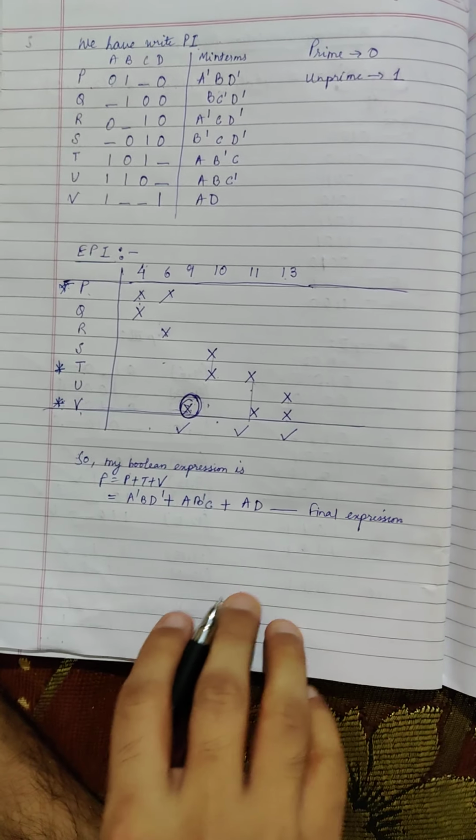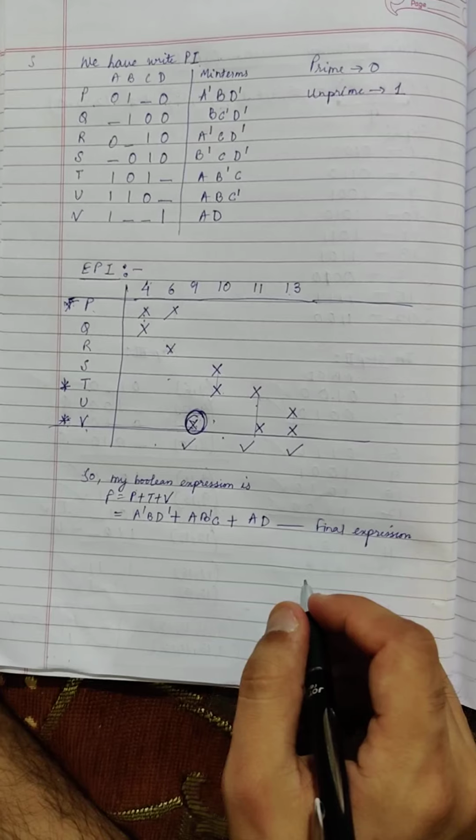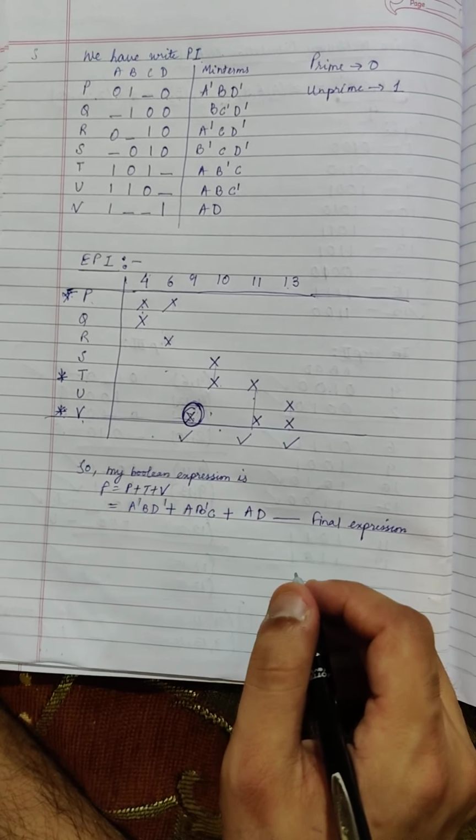So this is how the Quine-McCluskey method is done. Expression minimization is done. Thank you.